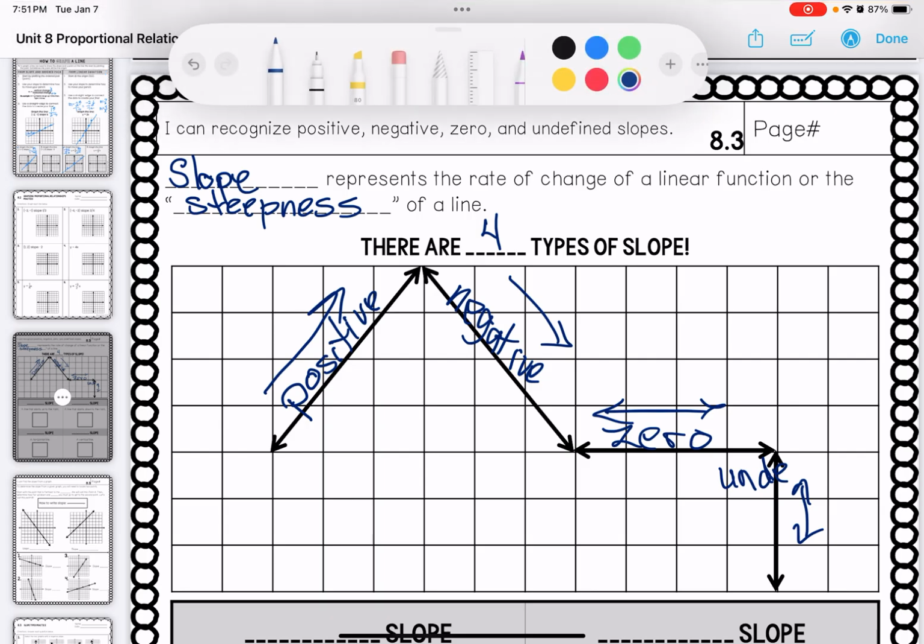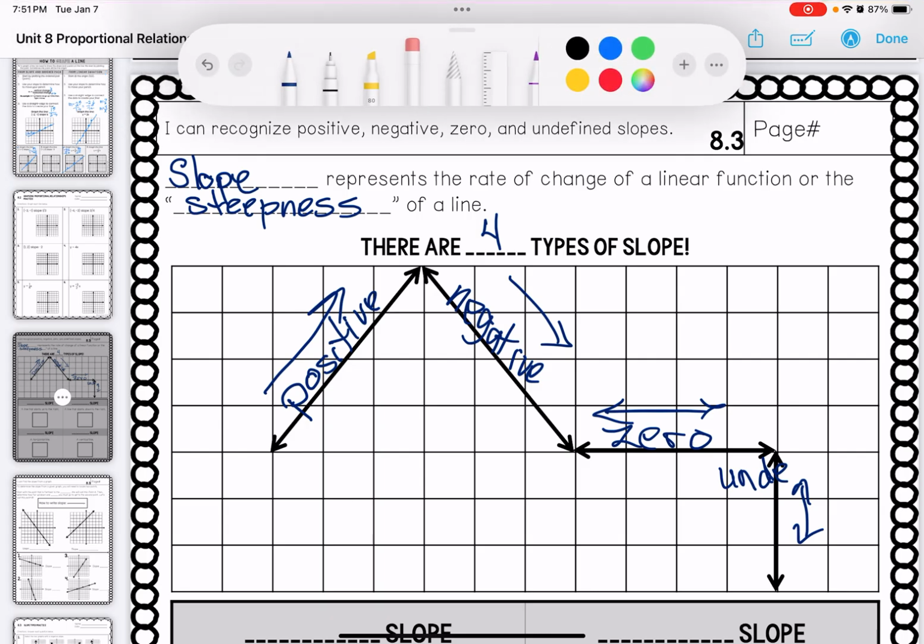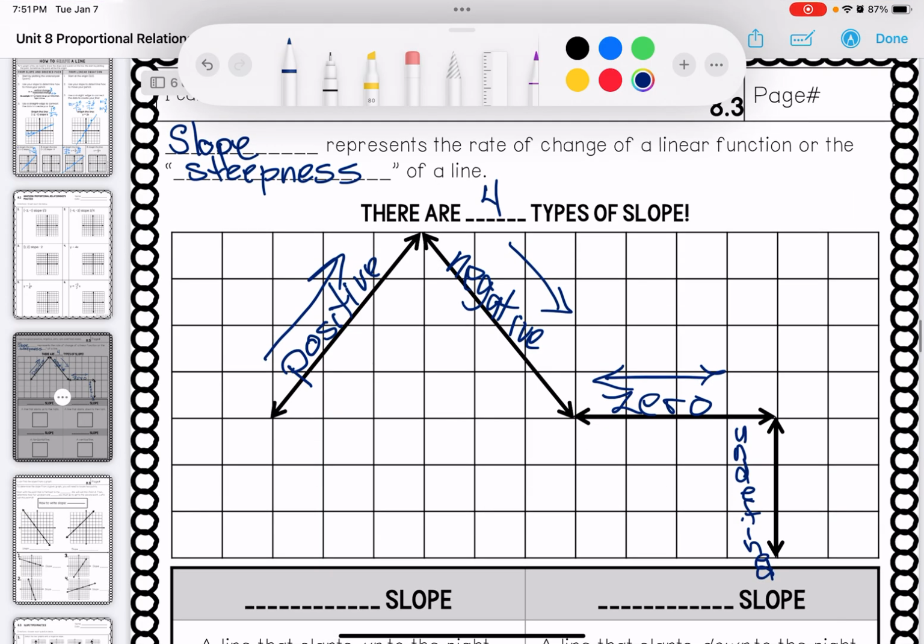Let's do it this way. So an undefined slope looks like this.